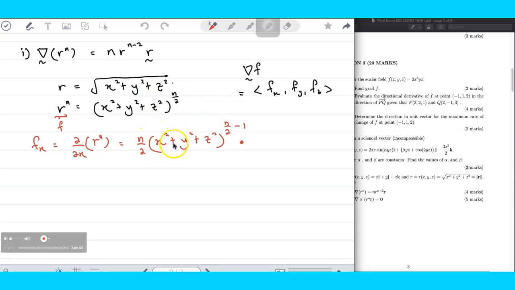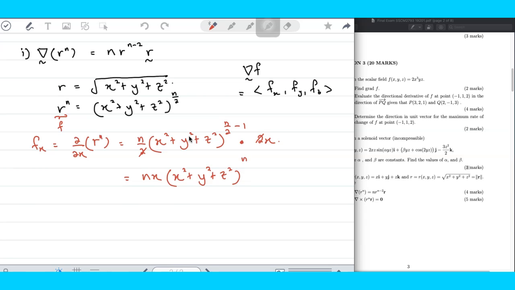This becomes 2x and the rest are 0. When we simplify, you will have n x times x squared plus y squared plus z squared to the power of n minus 2 over 2.